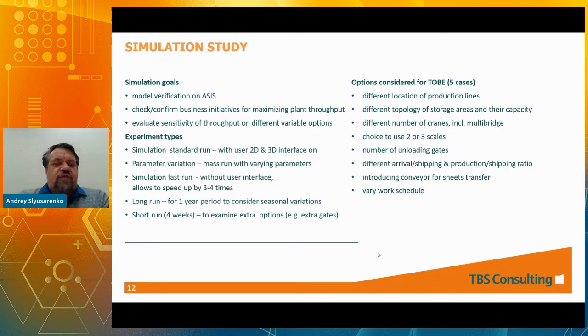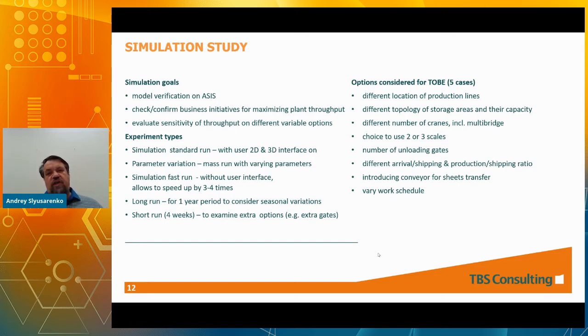We did different types of experiments: simulation standard run, parameter variation experiment, which allowed us to vary different static parameters to find the best value, fast run without user interface for long runs, and two types of experiments designated as long runs for 1 year, because it allows us to consider significant seasonal variations in supply and demand, and also short runs, usually for 1 month, to examine in detail different options for equipment movement, for processing, and so on.